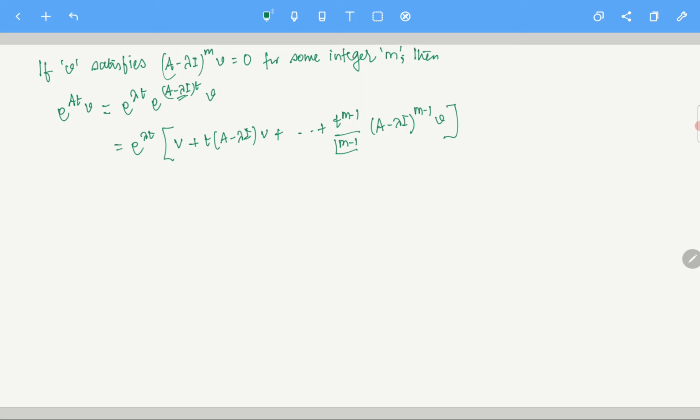The rest vanishes because (A minus lambda I) to the power m times v is 0, so basically it is a nilpotent action of order m.